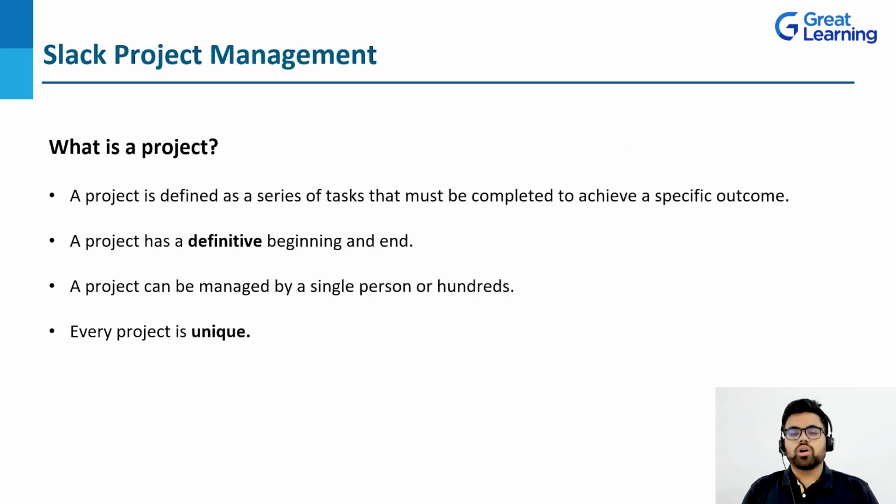Before talking about project management, let's first understand what exactly the word project means. A project is defined as a series of tasks that must be completed to achieve a specific outcome. So when we start off, when we know what a project is, we lay down some goals, which are called SMART goals. S stands for specific, M measurable, A achievable.